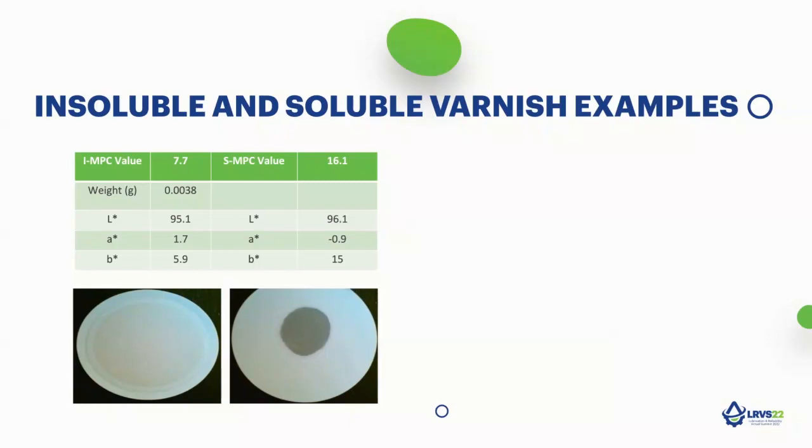We're seeing a little tinge, but not that bad. The SMPC value is 16.1, which is still pretty good. No severe indication of varnish formation. The L value is 96.1, the A value is negative 0.9, and the B value is 15. So we're looking to be okay in that respect.